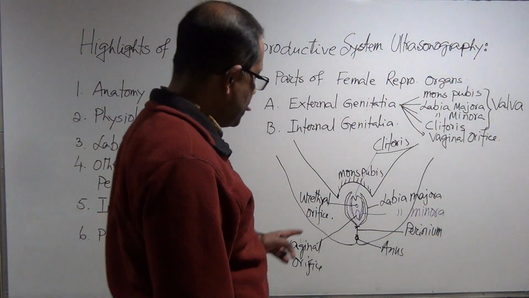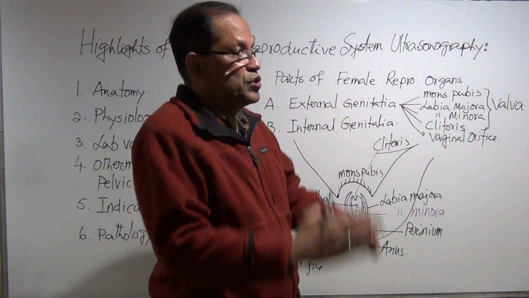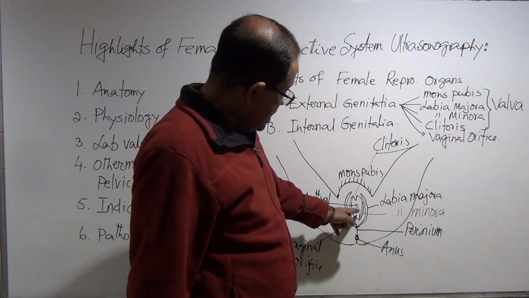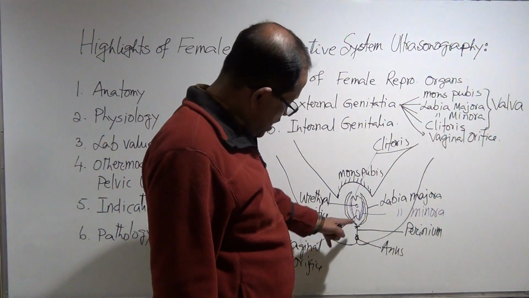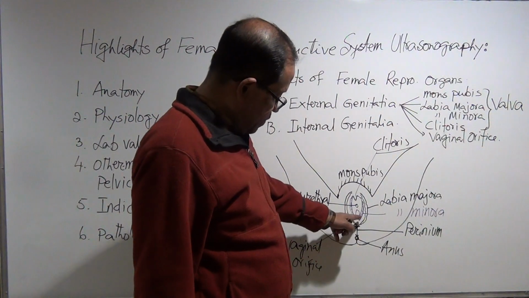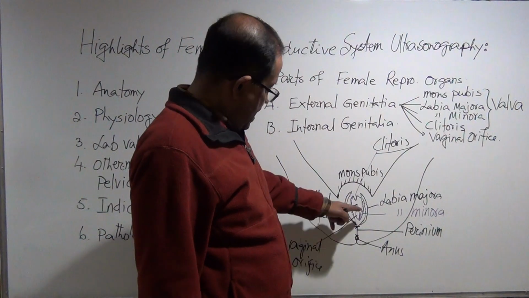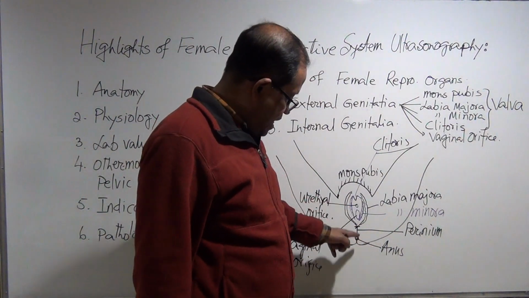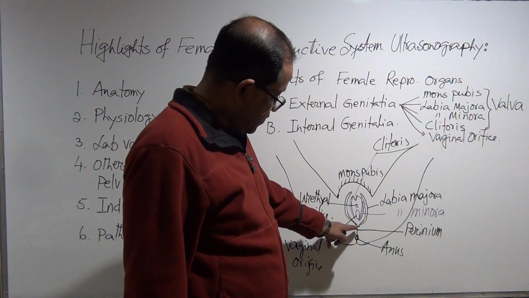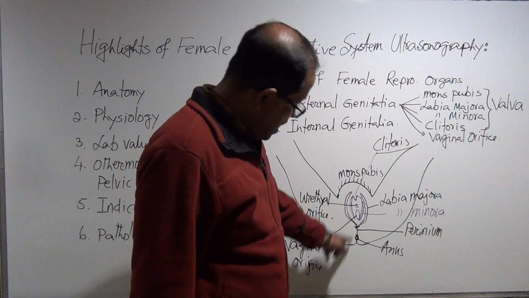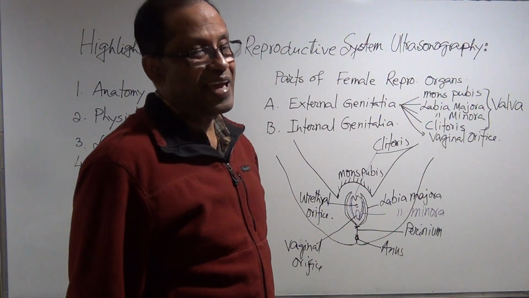We need to remember that these three openings are close together, and a problem in one opening, especially the vaginal canal, can cause obstruction to the urethra or the rectum, and also pathology of the rectum or even a hard mass can obstruct the vaginal canal.